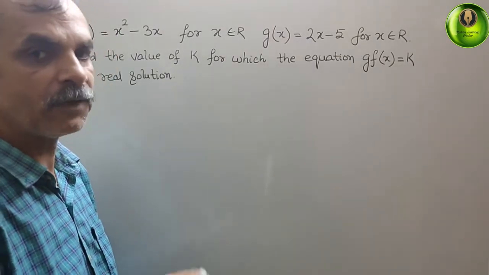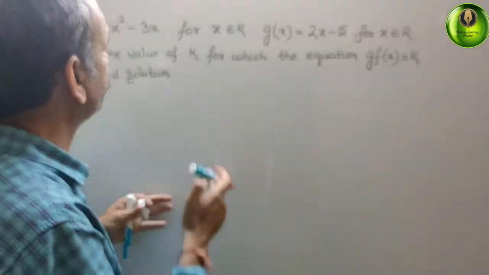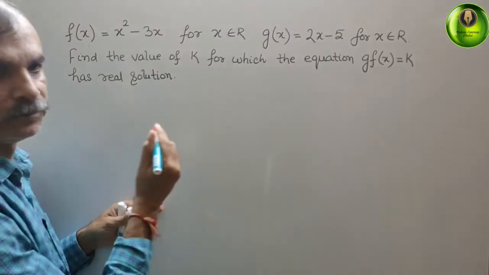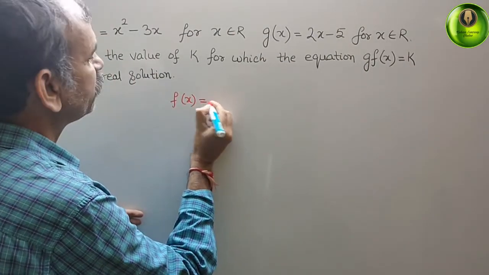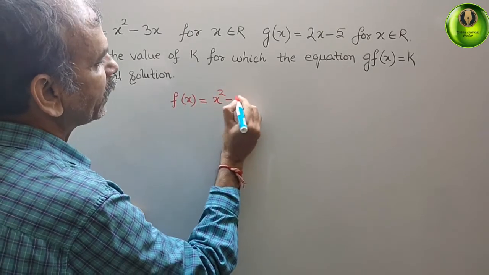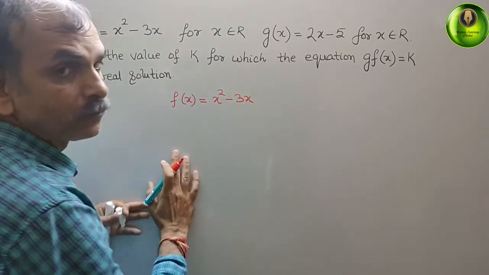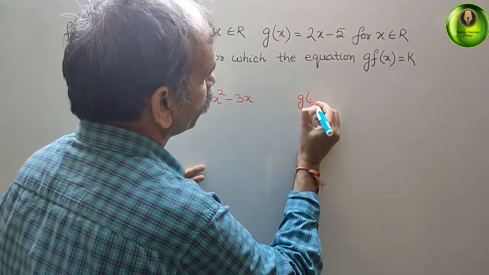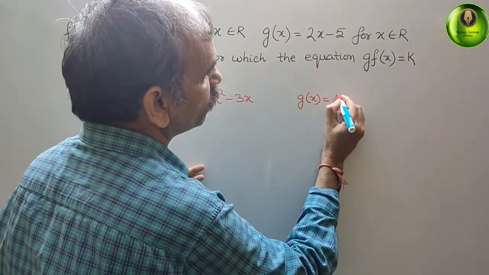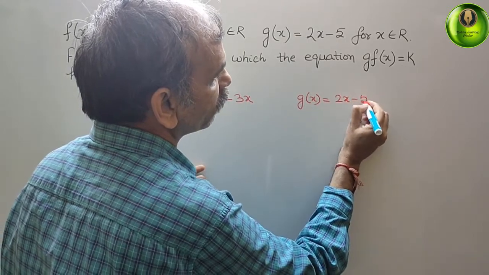So now, what they have given, we will write that only. So first they have given f(x). So here we will write f(x) is equal to x square minus 3x, and here they have given g(x). g(x) is equal to 2x minus 5.